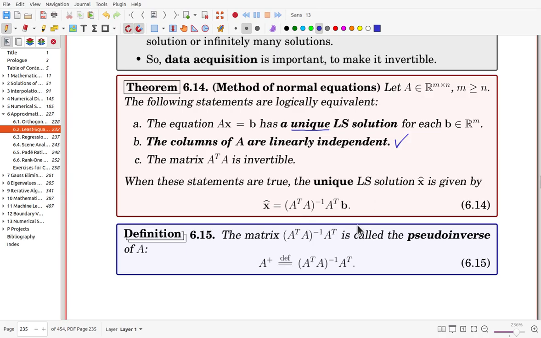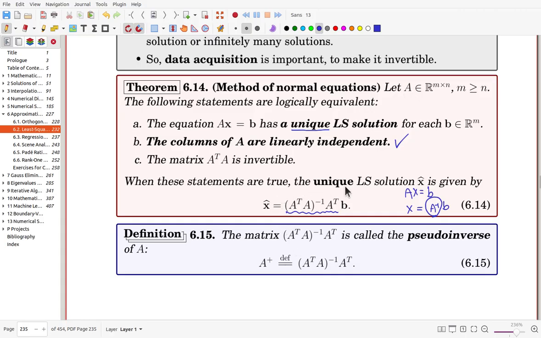Compared with this one, the original equation is Ax = b, and once A is invertible, then x is A inverse b. Now in front of b, this portion has the role of A inverse, but there's no A inverse for a general size matrix.